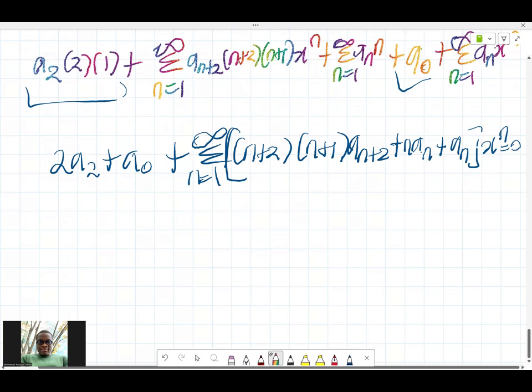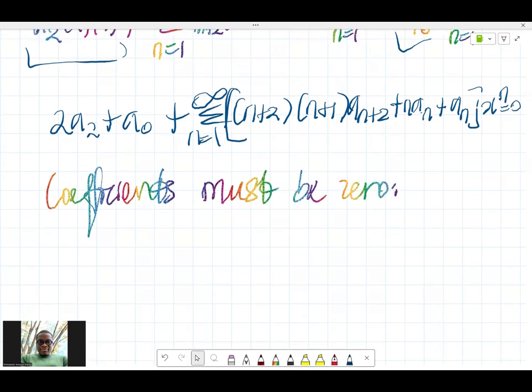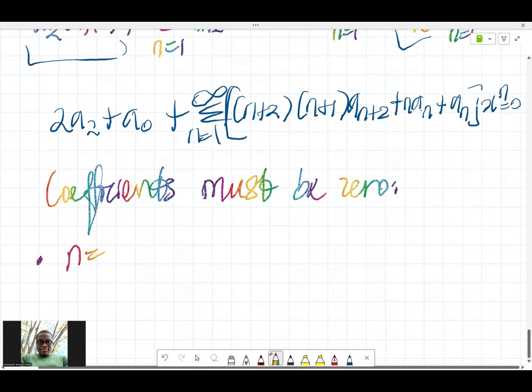With this, since the coefficients must be 0 because the whole expression is equal to 0, that means each coefficient must be 0. So we take n equals 0.